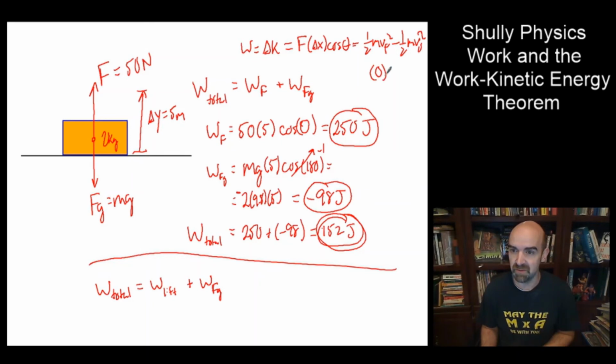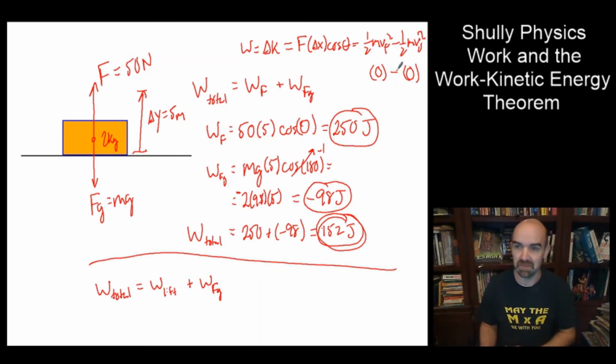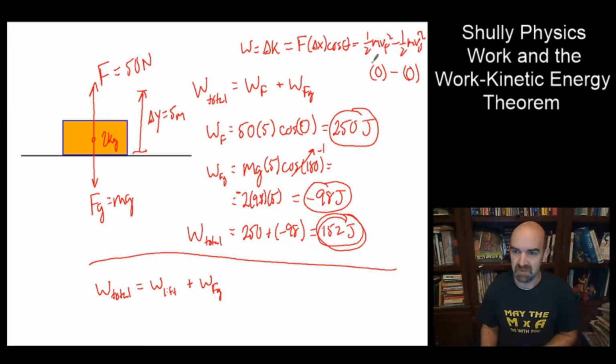So the final velocity is 0 and the initial velocity is 0. Now the velocity in the middle might be positive because we're moving at kind of a constant speed upwards, but we're going to let gravity do its job and slow the object back down. So it's not a very quick motion, it's very slow. The big point here is that the total work done should be equal to 0 if we get a change in kinetic energy of 0.